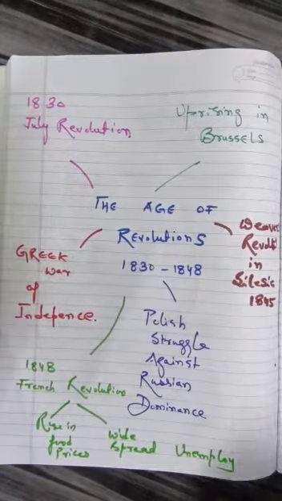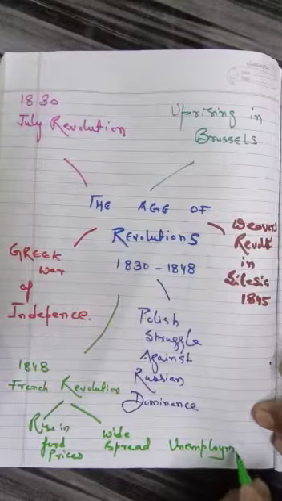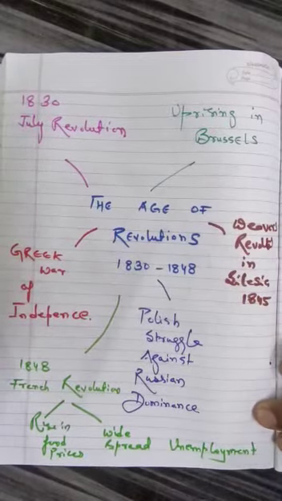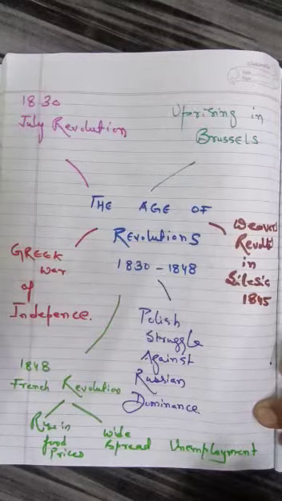The rise in food prices and widespread unemployment brought the people onto the streets of Paris. Barricades were erected and Louis Philippe had to flee.